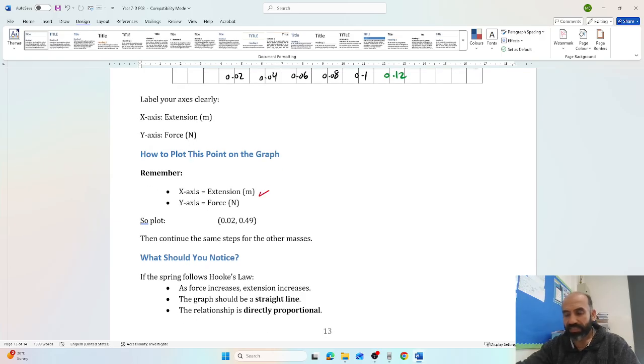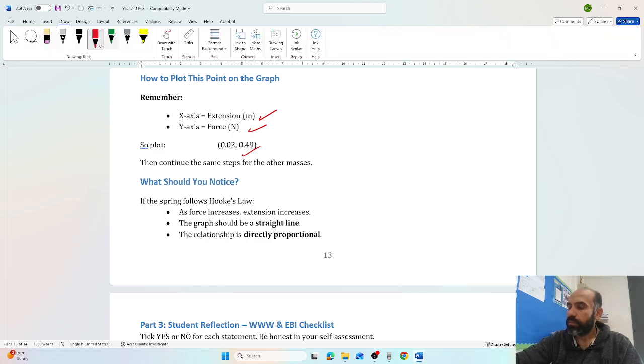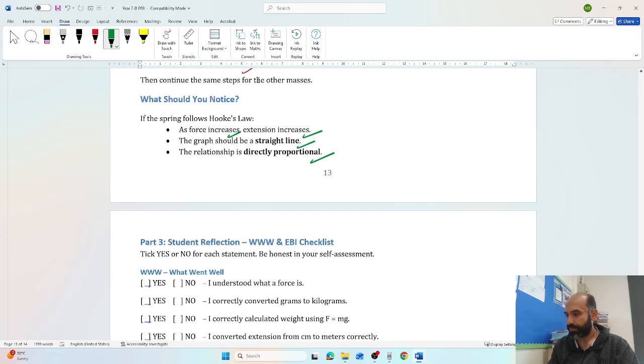We represented extension over the x-axis and force over the y-axis, and this is an example of the ordered pair. So for this one, as the force increases, the extension increases because force and displacement are directly proportional, and the graph is represented by a straight line, and there is a direct relation between force and displacement.